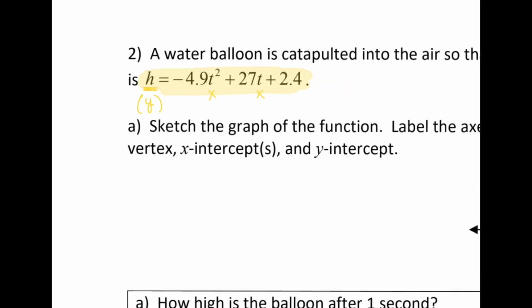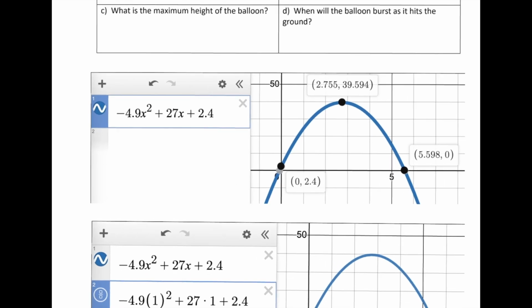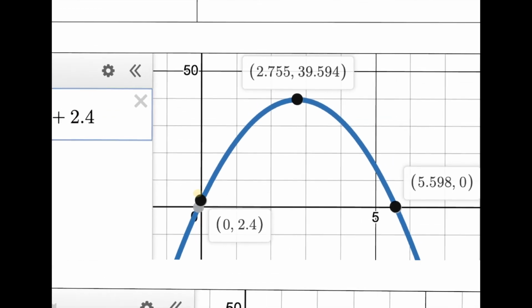So when you type all of this into Desmos, remember that you're going to use x instead of t, and here's the graph that you get. And you want to just click on the y-intercept, which gives you 0 and 2.4, the maximum, which gives you those values, and the positive x-intercept.